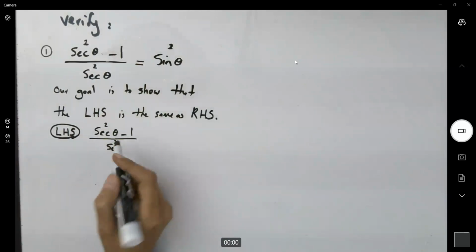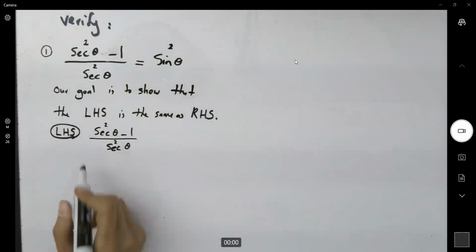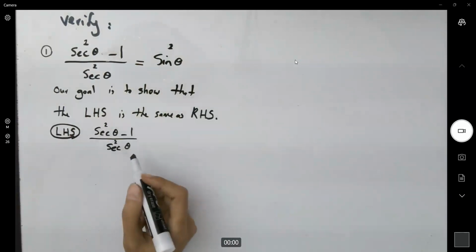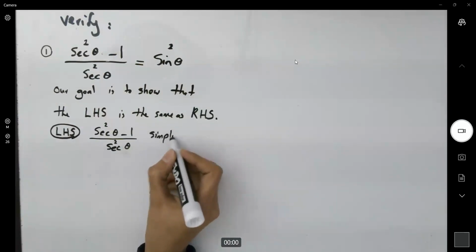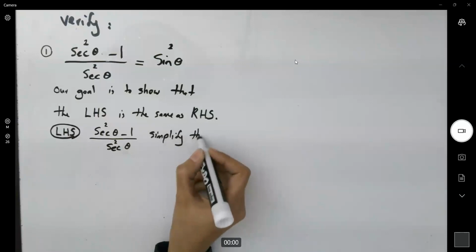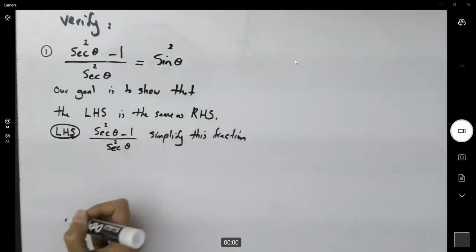Okay, so here I have a fraction. I want to simplify this fraction. This is my goal. But how do I do that? Well, let's see what we can do.